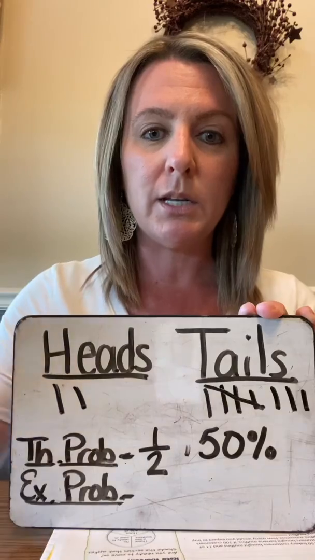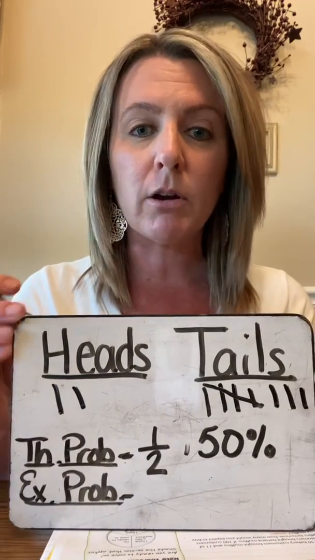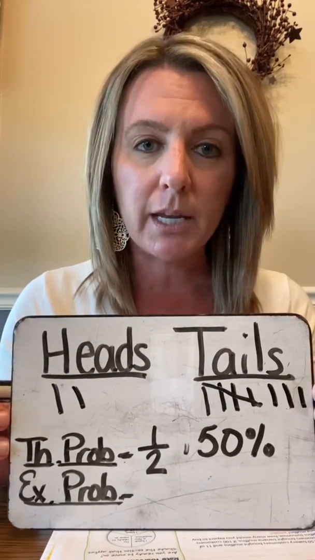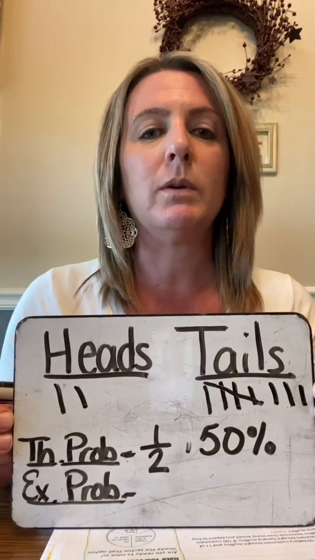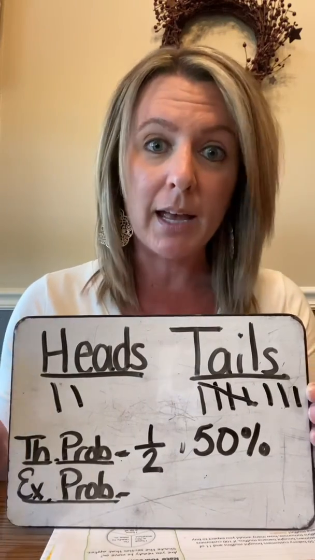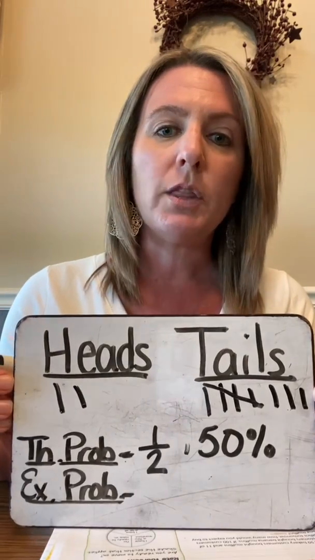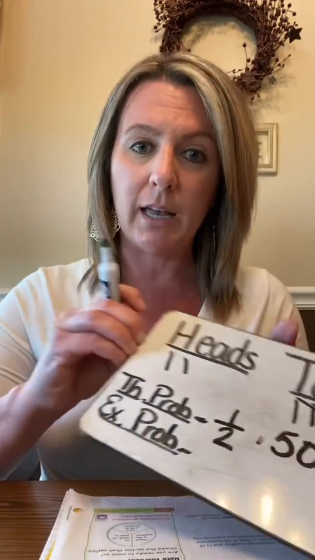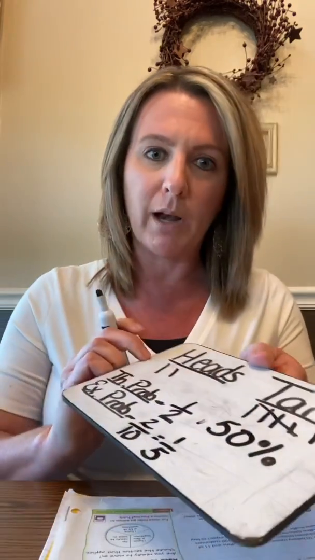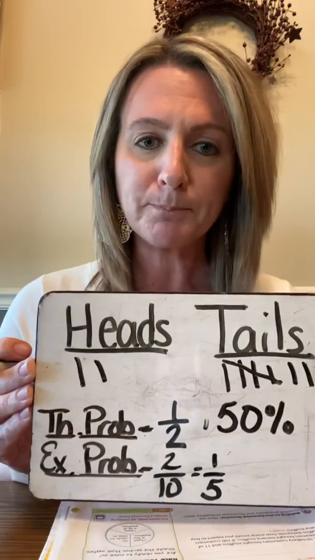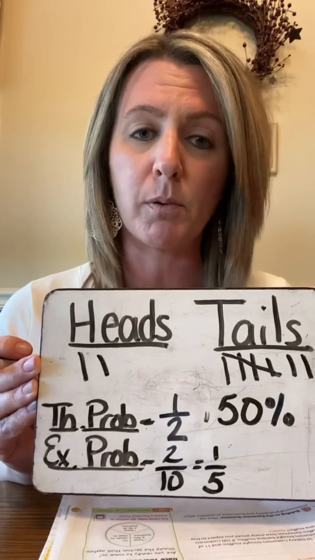So if we wanted to get our experimental probability, what actually happened, then since we were focusing on heads, the probability of flipping heads, we would say 2 out of 10 times, which simplifies to 1/5 of the time when I reduce it to its simplest form, was the actual experimental probability.